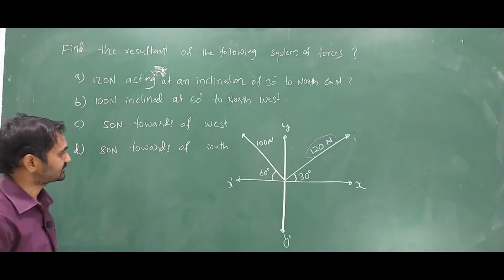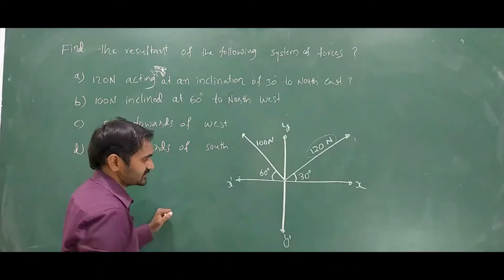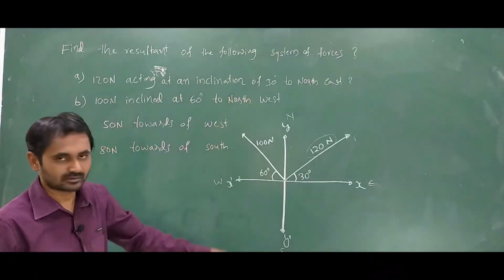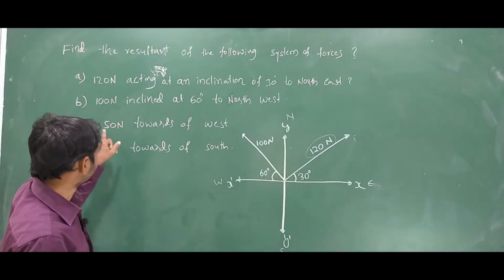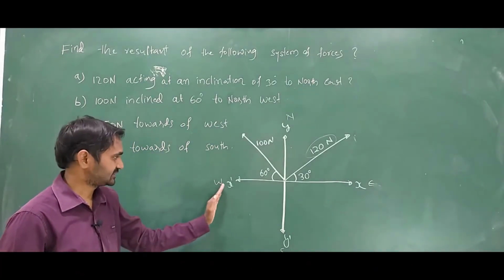And coming to the third one, 50 newtons towards west. Let us see east, west, north, south. Which side is west? This is the west side.